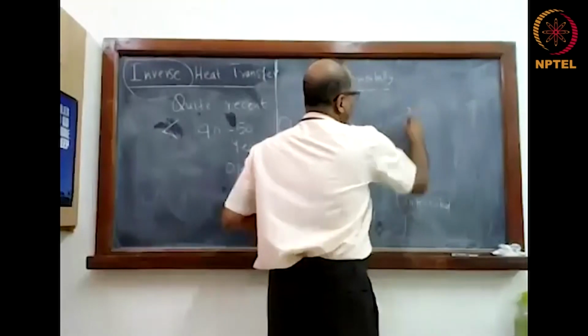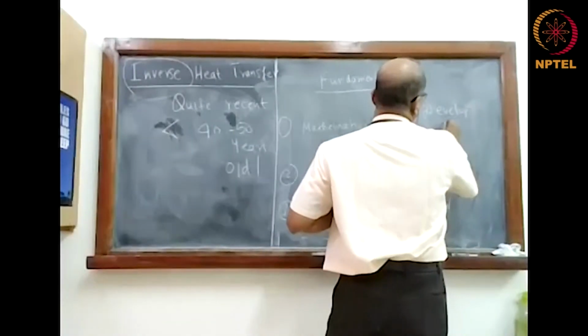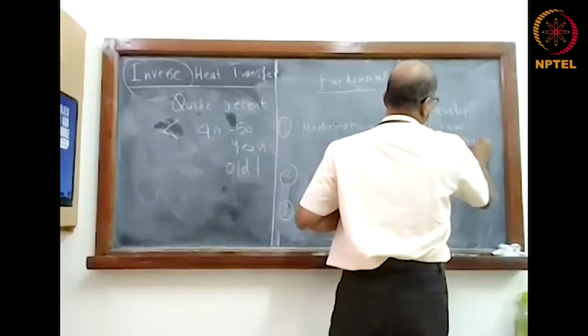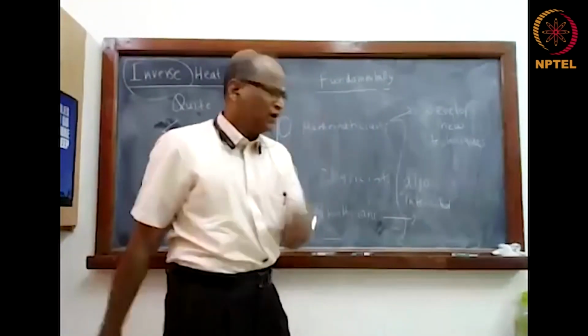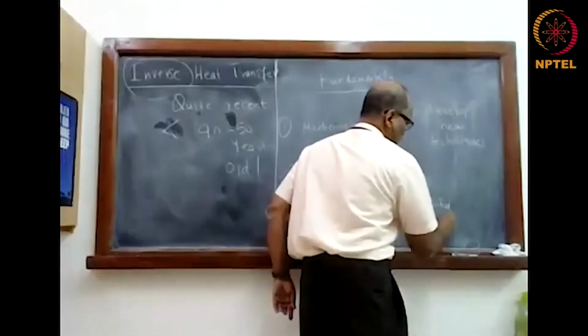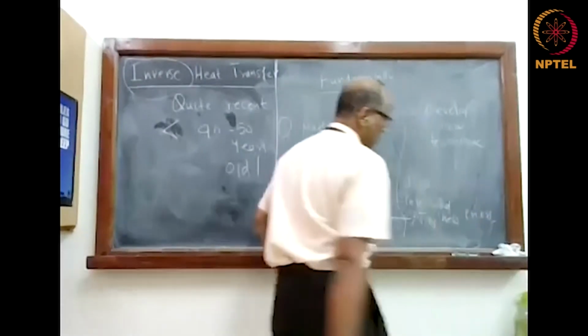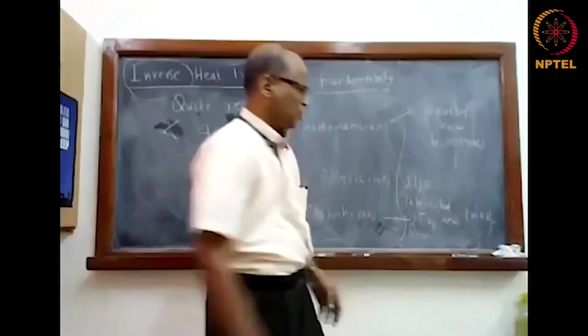Why? Mathematicians are interested in developing new techniques. Statisticians try new priors, new statistical models, which can be applied to an inverse problem.